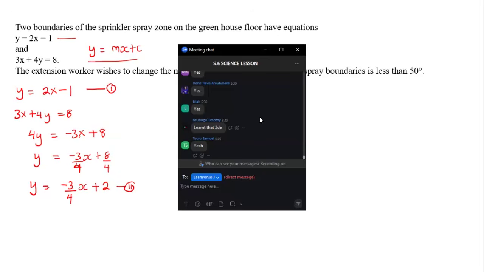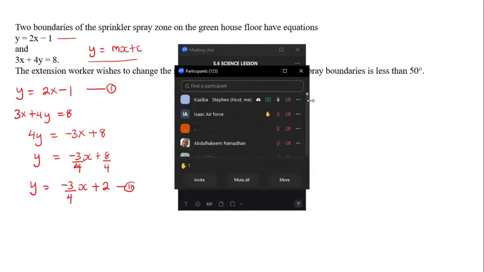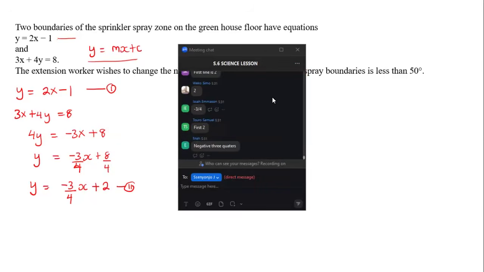What is the gradient for the first line and what is the gradient for the second line? Isaac? Yes, Isaac? Good morning, sir. Yes, good morning. Sir, the things are not clear. We are not seeing what you are writing. You are not seeing completely what I'm writing?